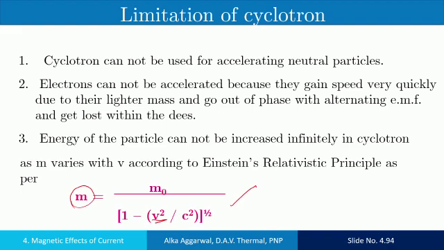As the mass is increasing, and you know that t is equal to pi m upon bq, it means the particle spends more time in the D, and it will not come out at the moment the polarity of the D changes. So energy cannot be increased infinitely.